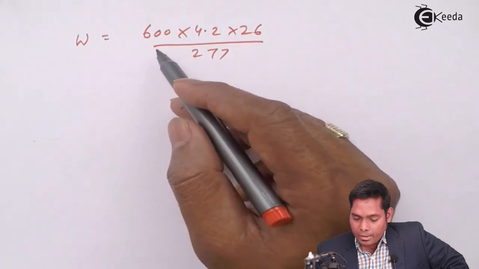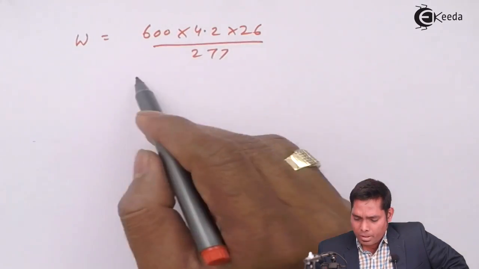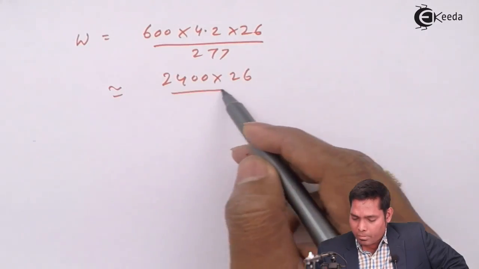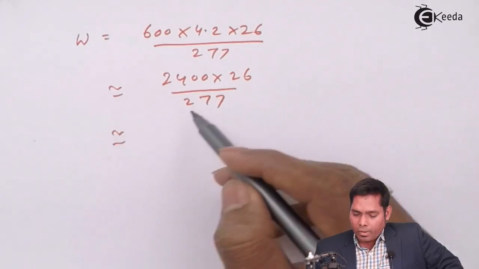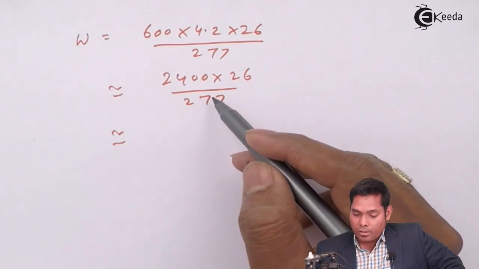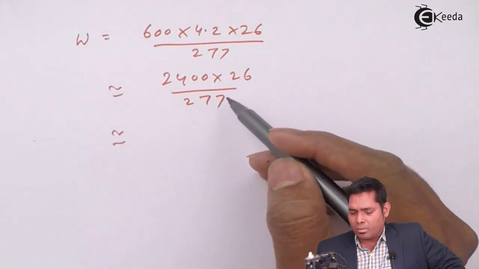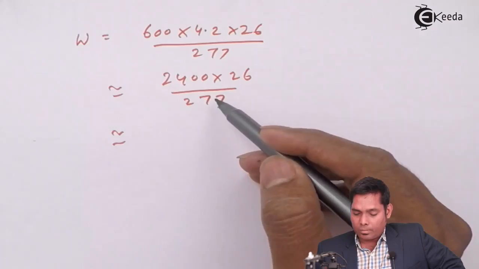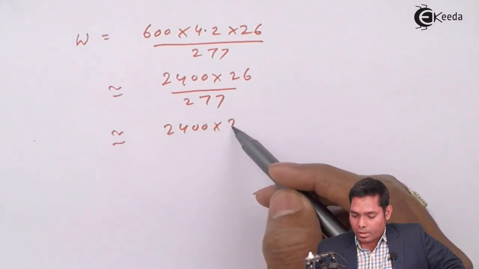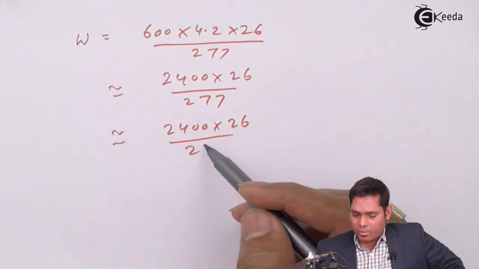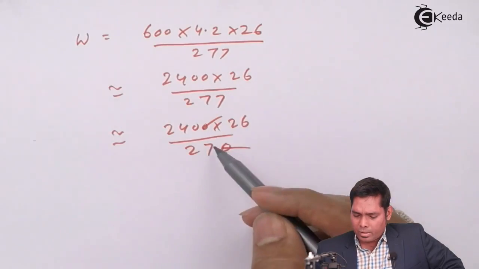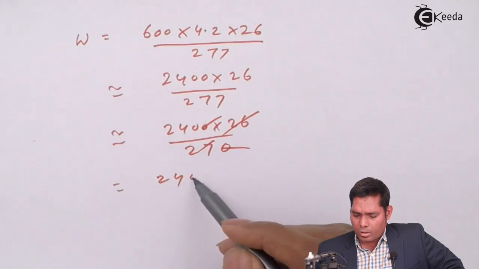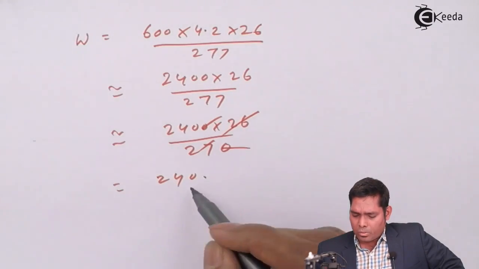If I take 4 here approximately, then it's 2400 into 26 divided by 277. If I take 270 or 280, no problem with that, say 270, then the 10 cancels, and 26 and 27 cancel approximately, and I'm getting 240.